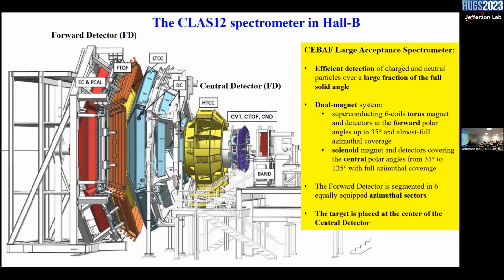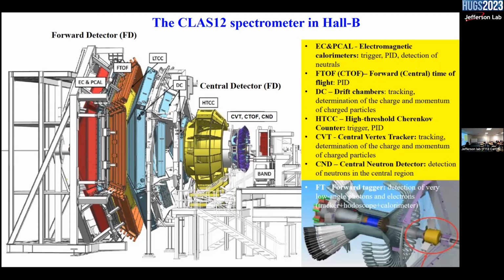I said already the target; the coverage in theta for the forward detector goes from about 5 degrees to 35 degrees, and the central detector from 35 degrees to 100 and something. So there are a lot of different detector subsystems that compose CLAS12.